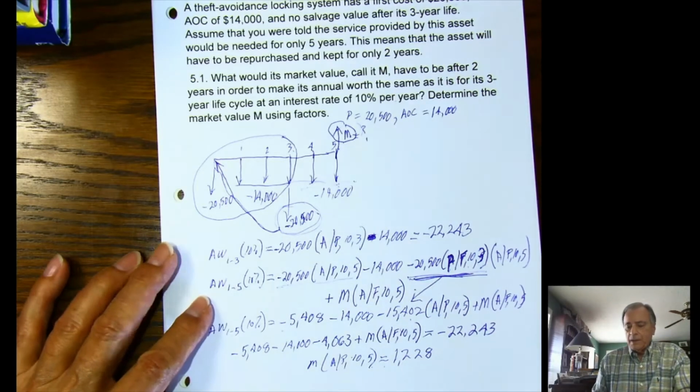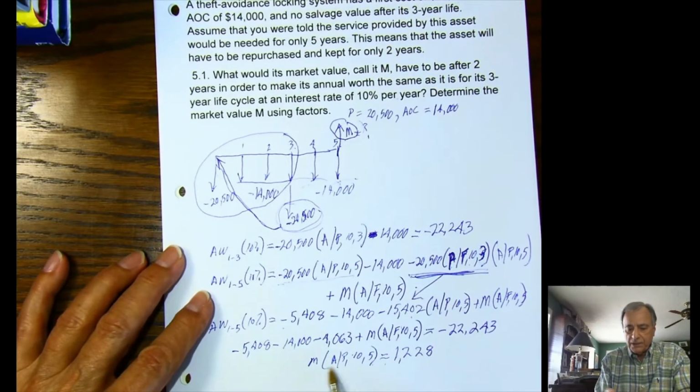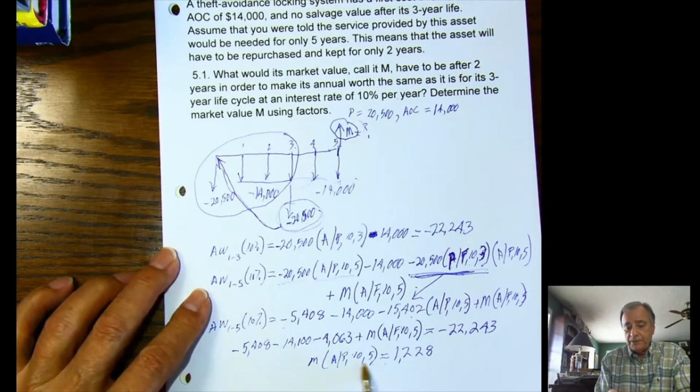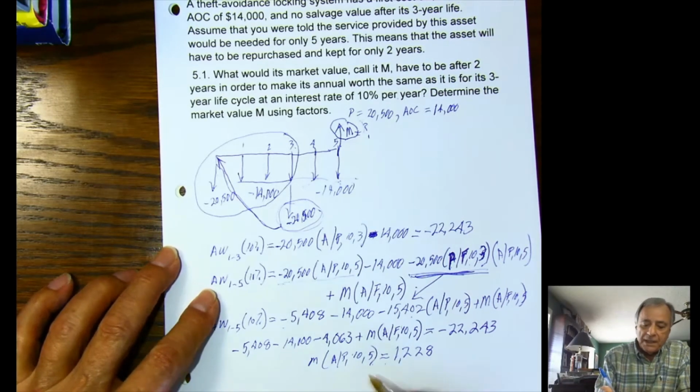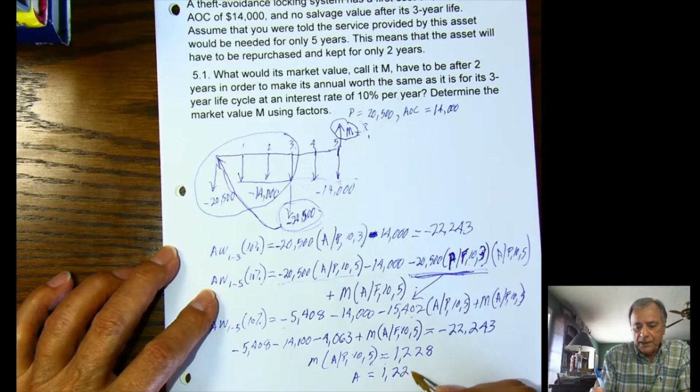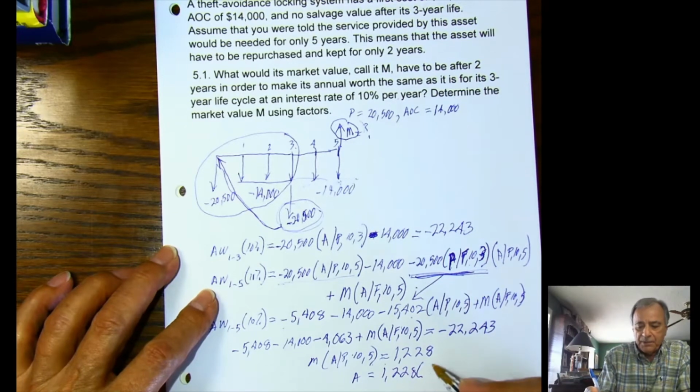this will turn out to be $1,228. And so now if I solve this equation for M, I can multiply through by P given A, because P given A is a reciprocal of A given P, and I'll get M equals 1,228 times P given A, 10 and 5.